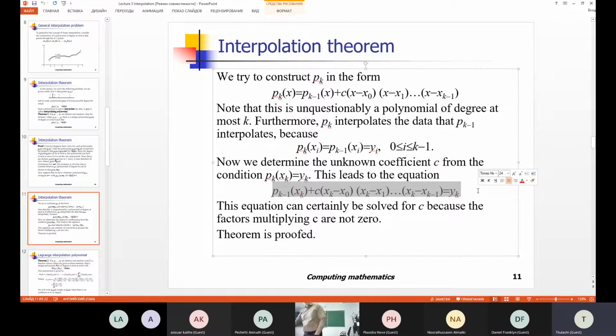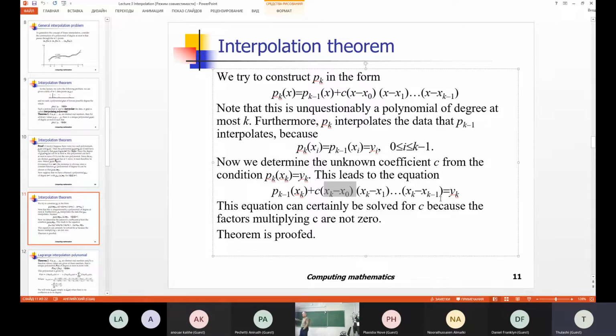In this equation, these brackets are not zeros, because here I substitute xk, and I have xk minus x0, xk minus x1, xk minus x_{k-1}, no zero. And this equation can be solved for c. I can find c.